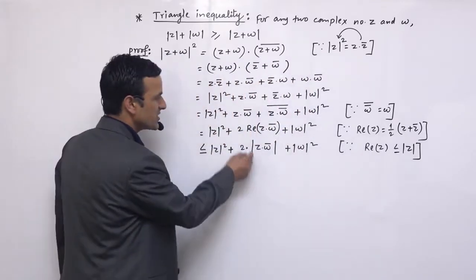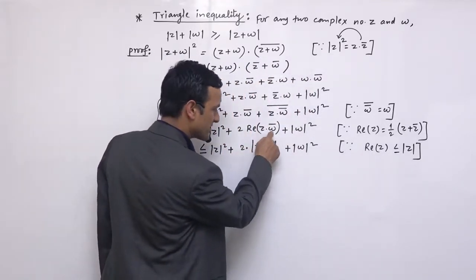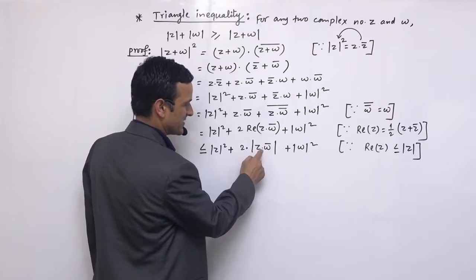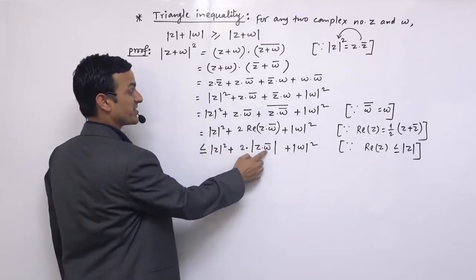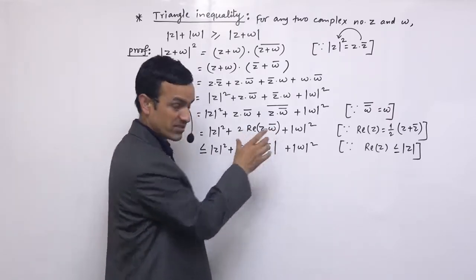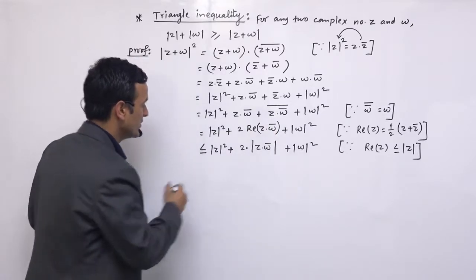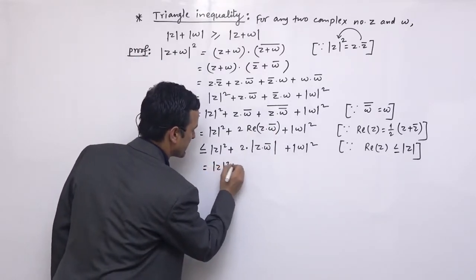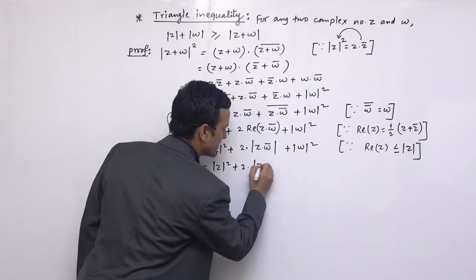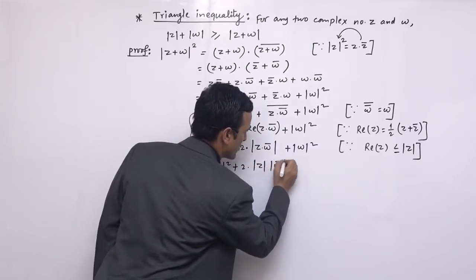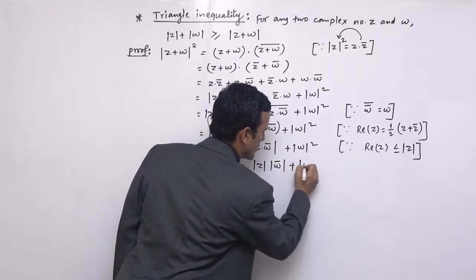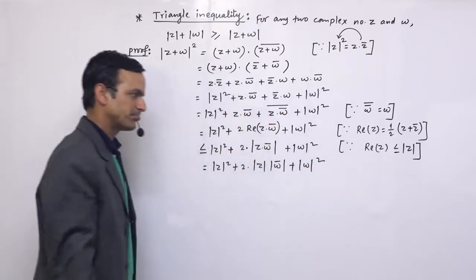That's why, so 2 is same, real part of z means modulus z. This is modulus z, which is greater than this term. So if you like this, we can do this one, modulus z, modulus w conjugate plus modulus w को square.